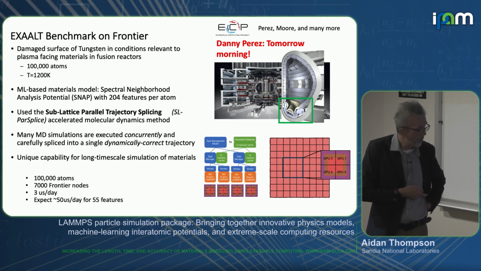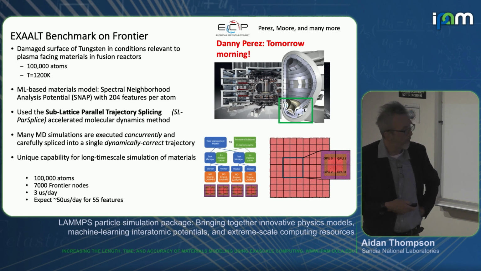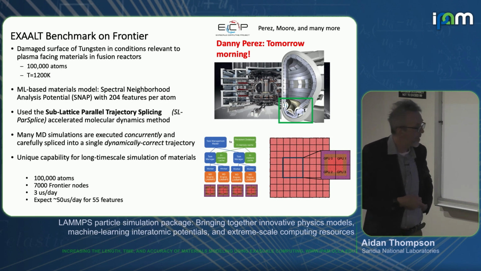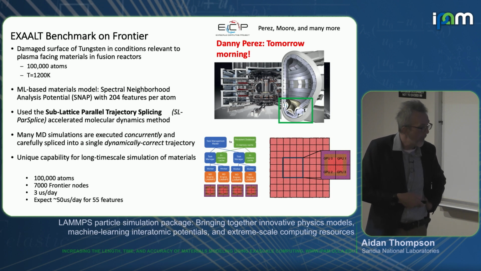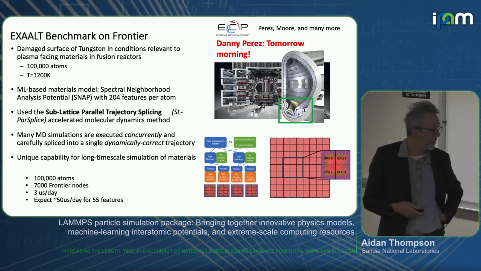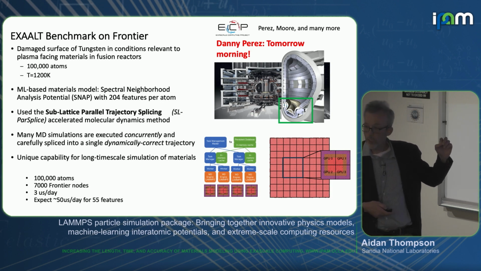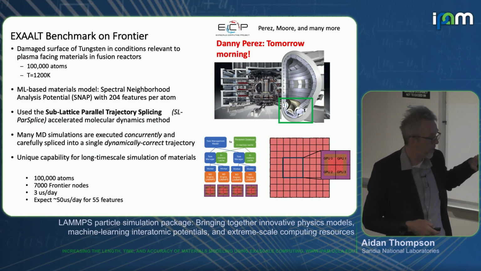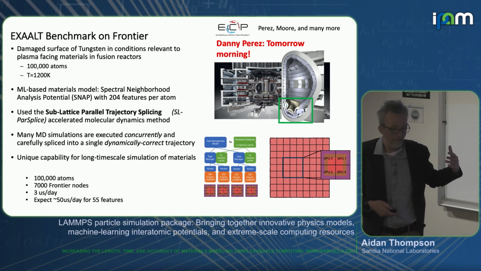He ran on 7,000 Frontier nodes with a prototype system for benchmarking purposes that contains about 100,000 atoms. He was able to get to about 3 microseconds per day of simulated time. The potential used here was a little bit beefy, I would say, to get more accuracy.